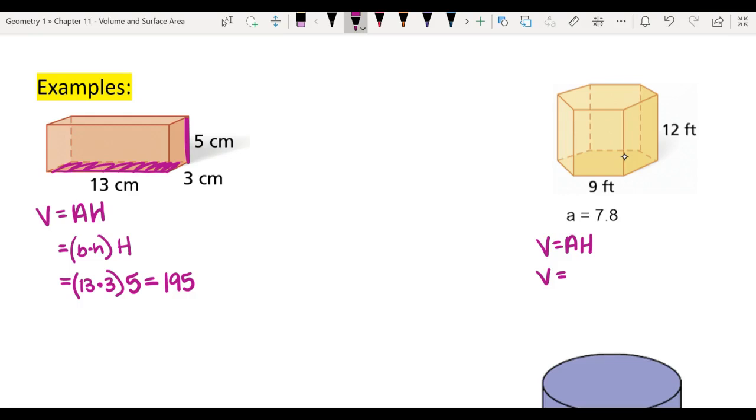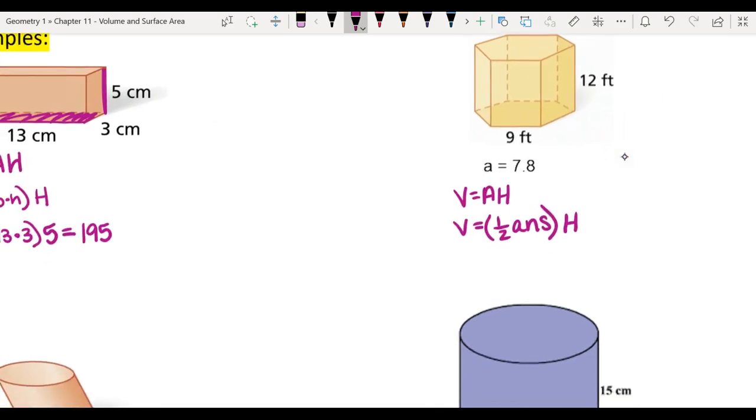One half A N S. A is your apothem. They give us our apothem here. N is the number of sides. S is the length of each side. If you don't remember that, that's what it is.